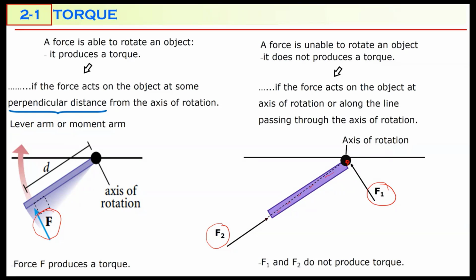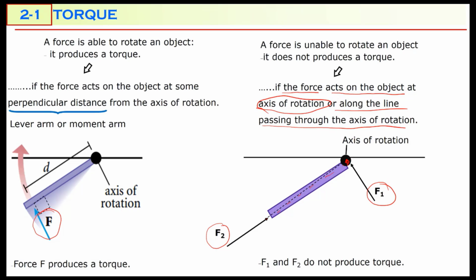F2, its extension is passing through the axis of rotation. This is the rule. If a force acts on an object at the axis of rotation or along a line that passes through the axis of rotation, then these forces cannot produce a torque. These two forces cannot start the rotation of the object.